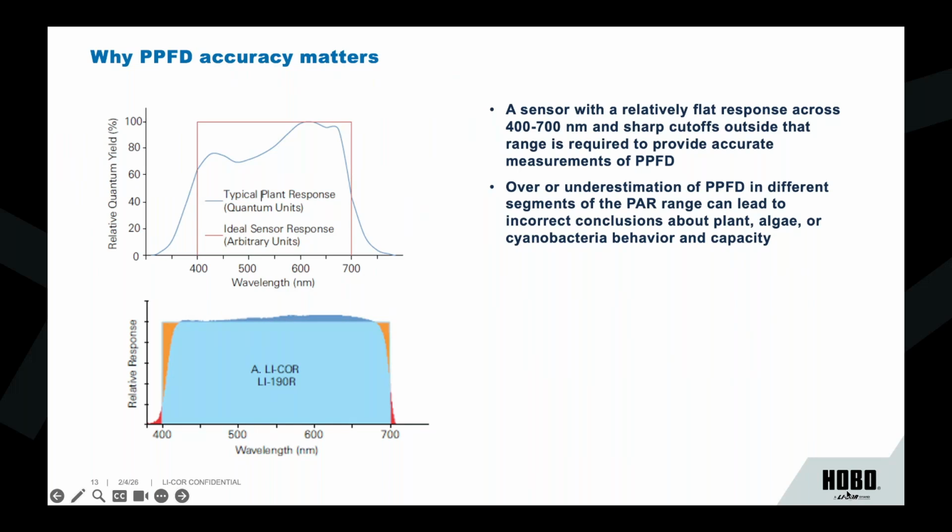Or are you not measuring the entire range that plants can use? So looking at just foot candles or lux or lumens or watts, the important thing there is not just the units that we're using, but also the wavelengths that we're measuring.